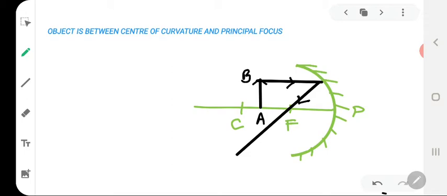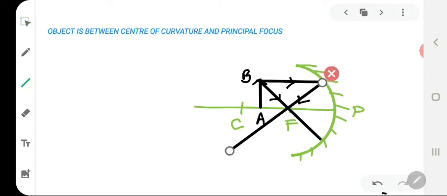The second special ray traveling through the focus becomes parallel to the principal axis after getting reflected.